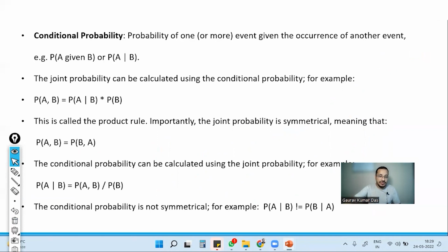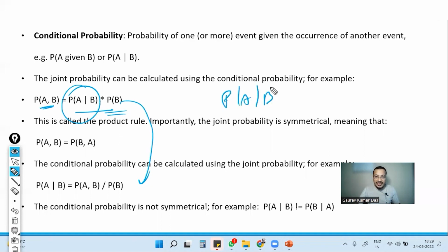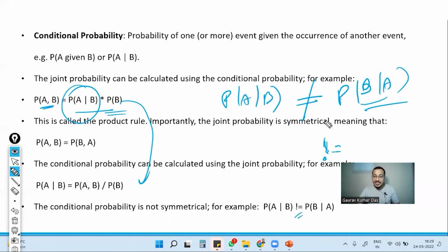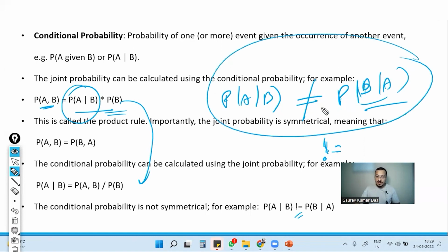So from this equation, I can calculate the probability of A such that B has happened, which will be equal to probability of AB divided by probability of B. But please make a note, the probability of A such that B has happened is not equal to probability of B such that A has happened. Not equal to sign can also be written like this in Python. So this is not equal.